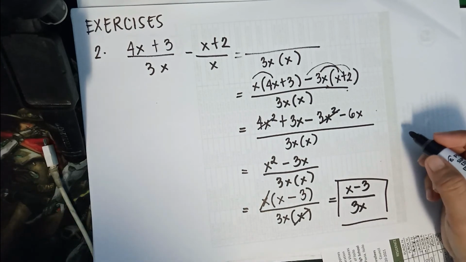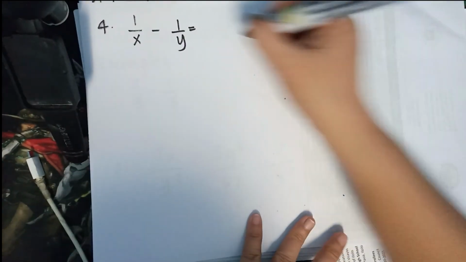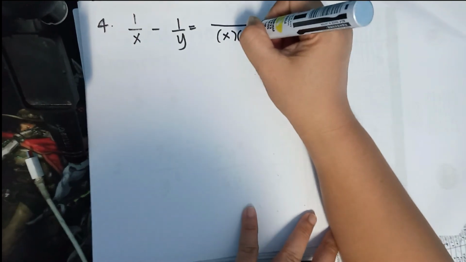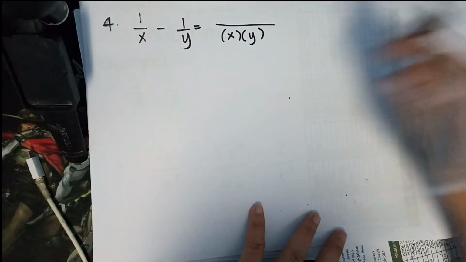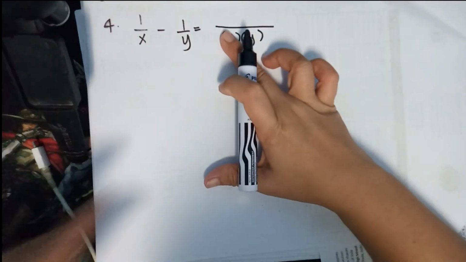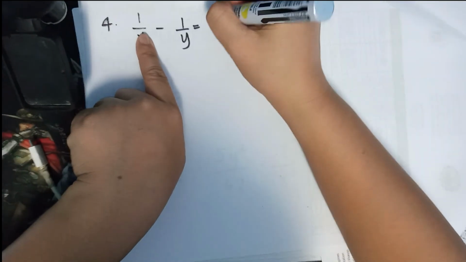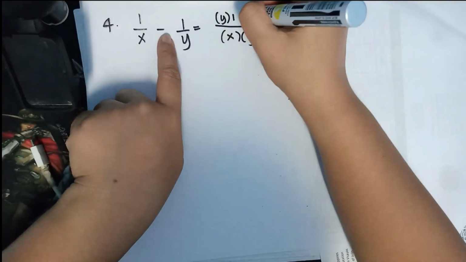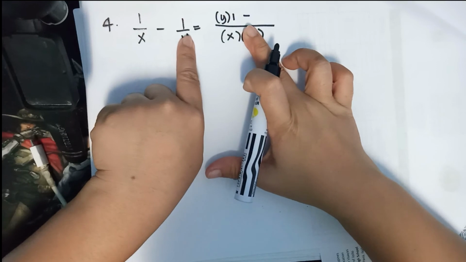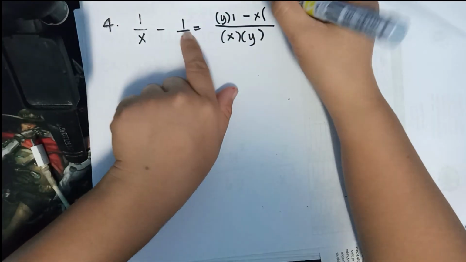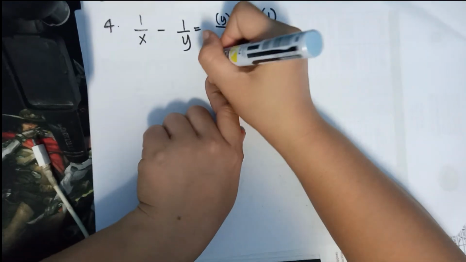Number 4. 1 over x minus 1 over y. Again, copy the denominators and compare. X and x, we have y as a remaining, multiplied by 1, minus y and we have here x as a remaining term times the numerator, which is 1.